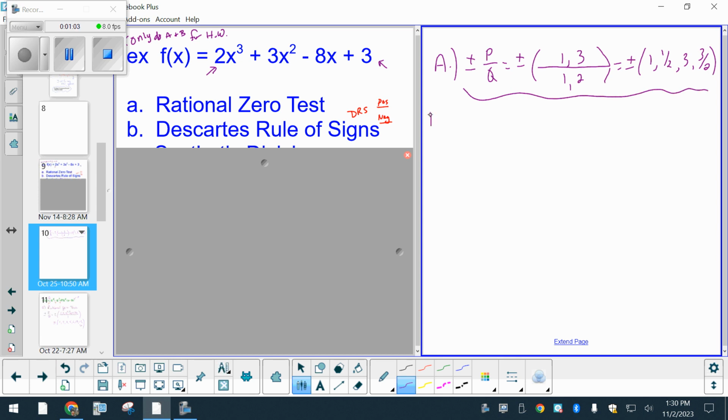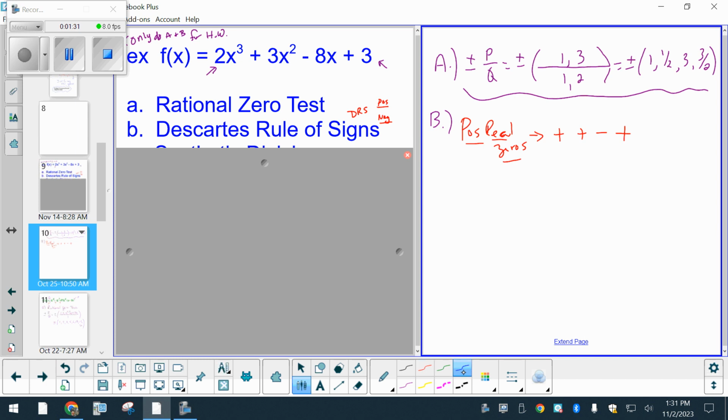Now I'm going to do Descartes' rule of signs. This one gets a little bit trickier. We have to do it for your positive real zeros. So I'm going to take the signs of the polynomial, which are positive, positive, negative, positive.